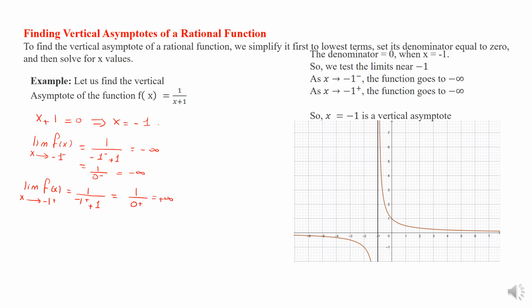This means that x equals negative 1 is a vertical asymptote for the graph. Look at the graph. This is the graph of 1 over x plus 1. X equals negative 1 is a vertical asymptote.